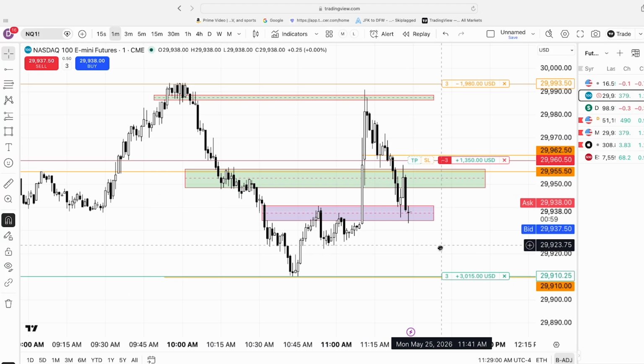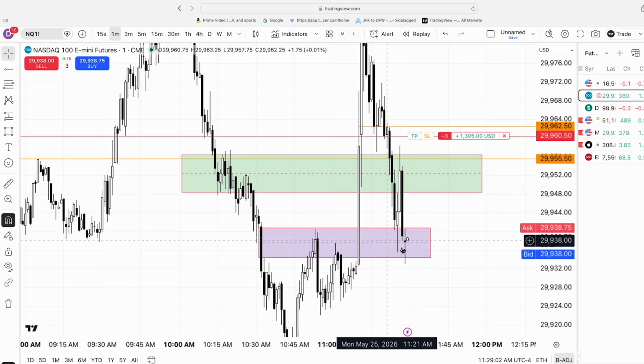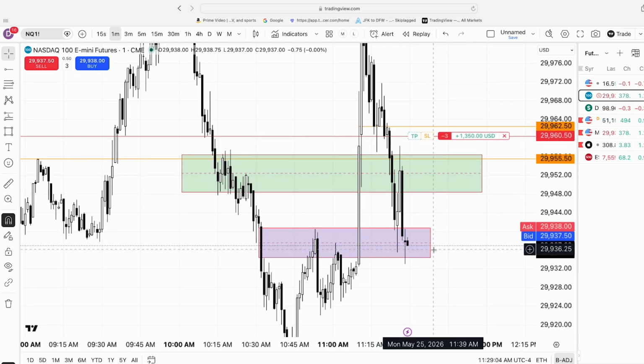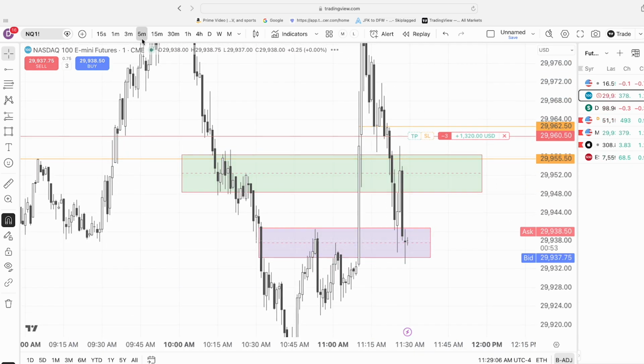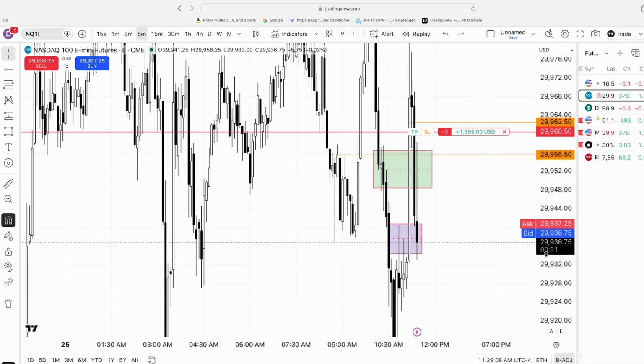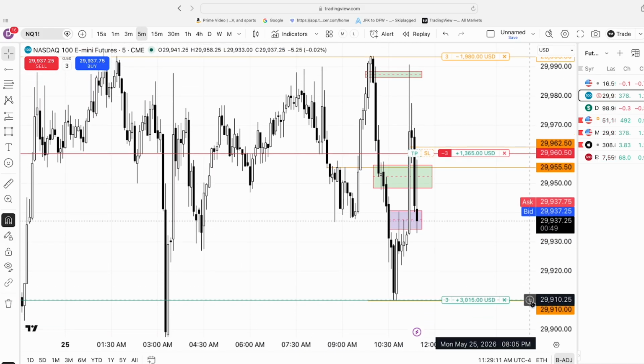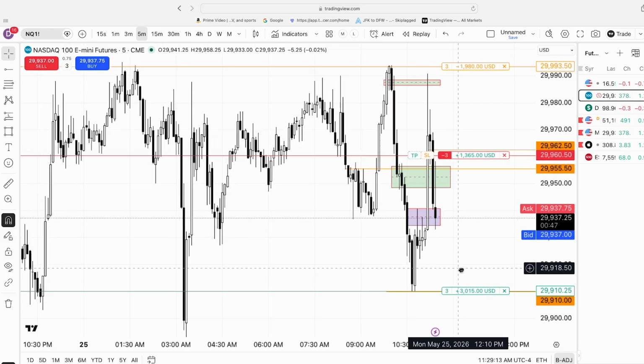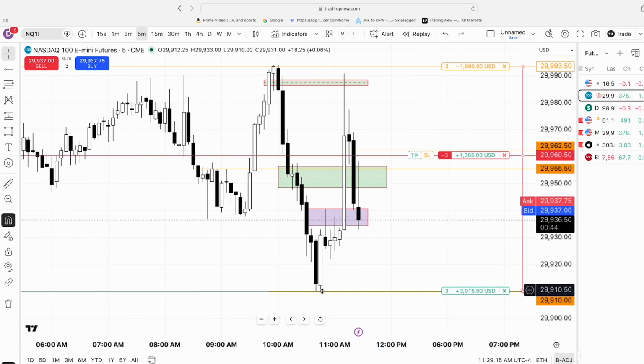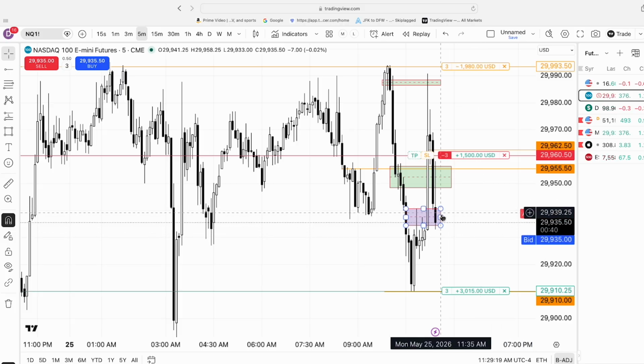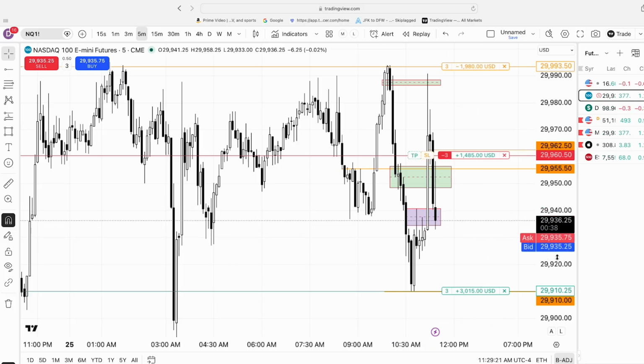While this is trying to decide whether it wants to close below the line or not, I'm going to show you what it looks like on a 5-minute chart. This is a 5-minute chart. I know ICT usually likes to say it's going to go for the evenness. So this is what it looks like on a 5-minute chart. Now, it's doing the same thing.